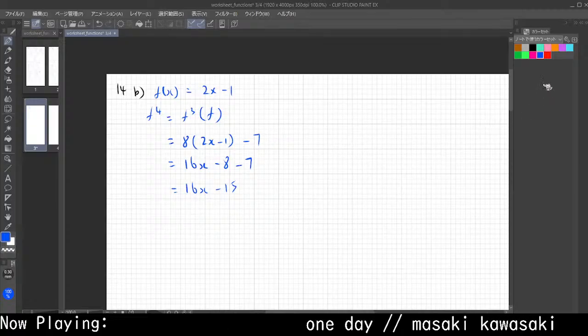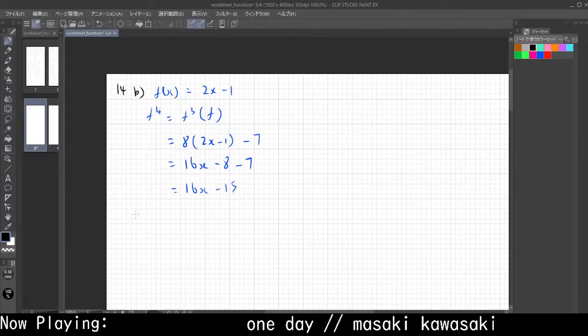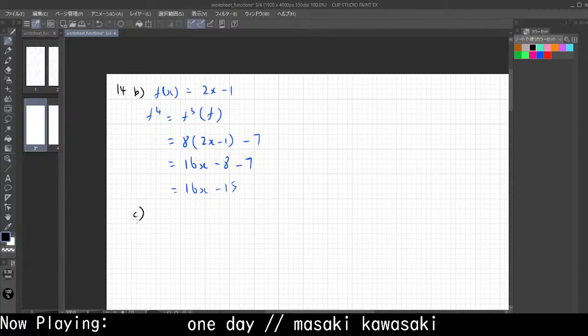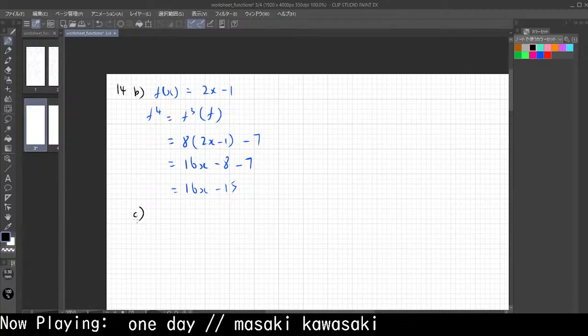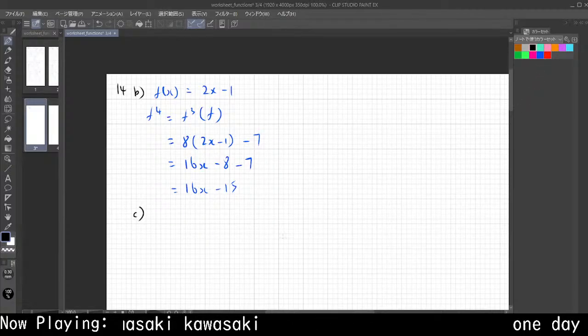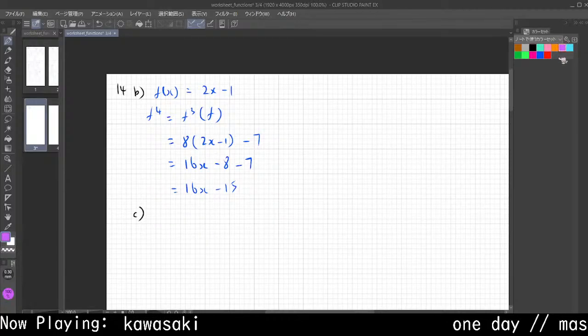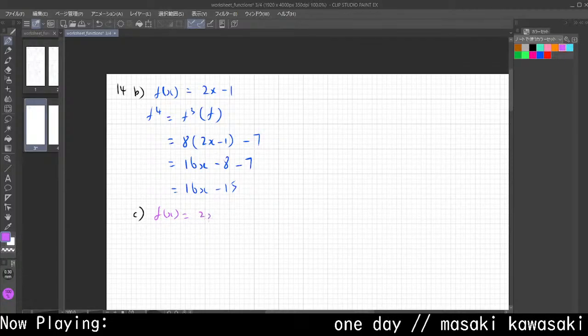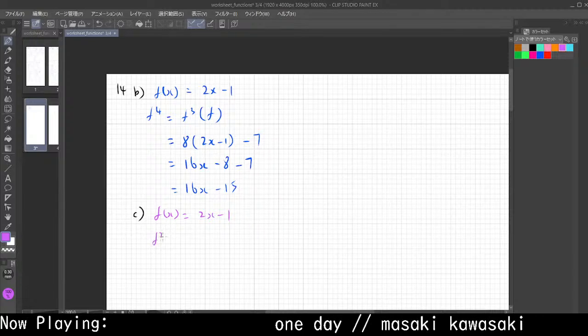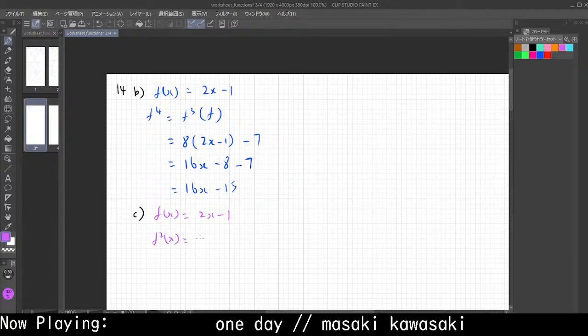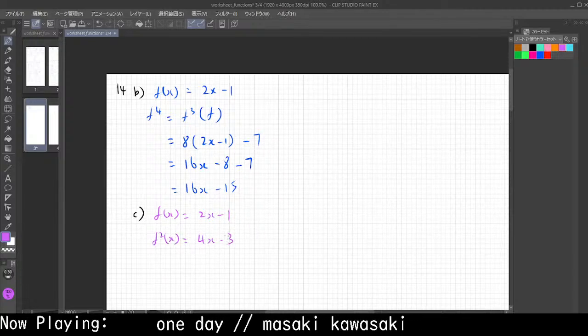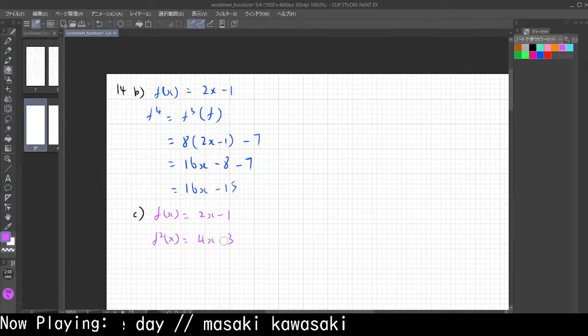Sub question 3. So by studying the pattern of f, f2, f3 and f4, determine a general rule for fn. So what we have is as follows. Your f(x) is 2x minus 1. Your f2 is 4x minus 3. You can verify this yourself.